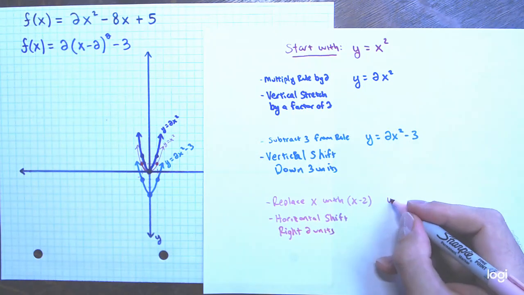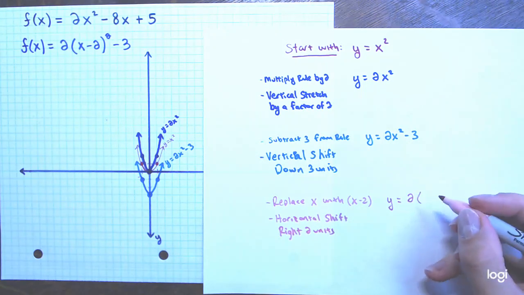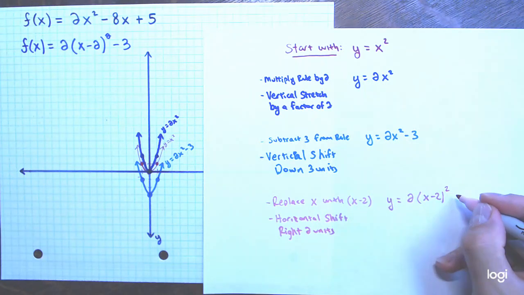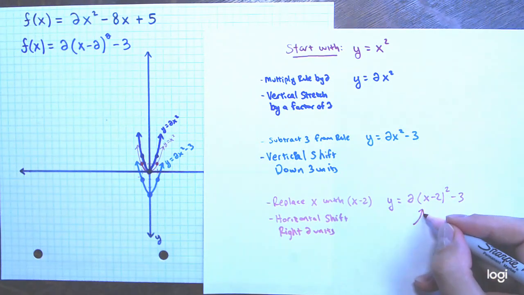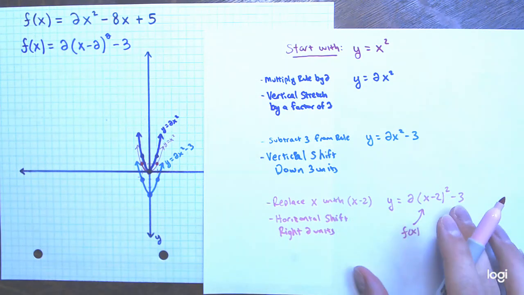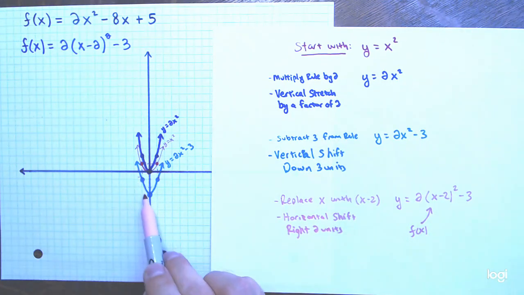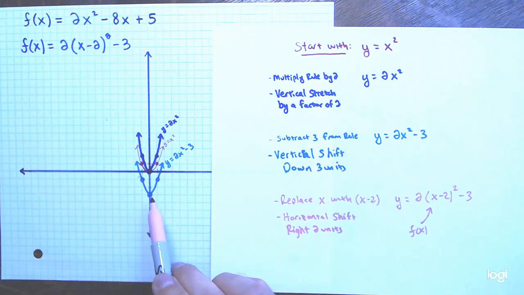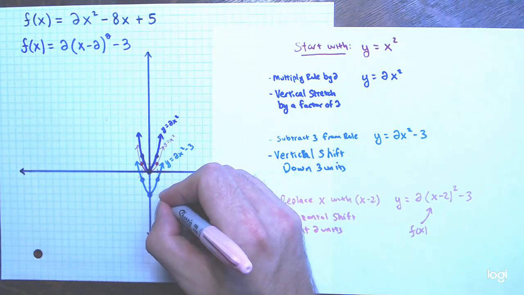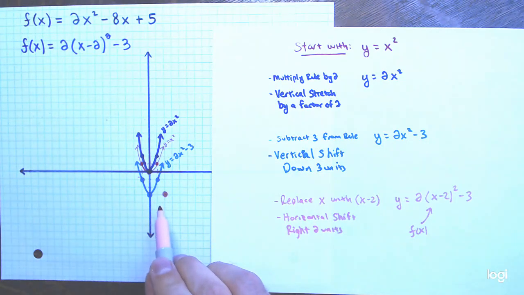So we have our y equals 2 times the quantity x minus 2, I'm replacing the x in this rule with x minus 2, and then minus 3. And this was the f of x. This is the one we want. That's this rule here. So I'd be done now. So I take the graph of y equals 2x squared minus 3 and move all the points to the right 2. So this 0, negative 3 over to the right to 2, negative 3, which we said was going to be the vertex.